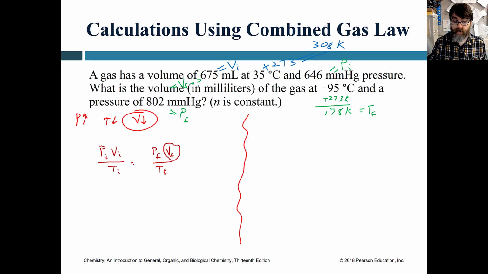So on this one, I'm just going to do the rearrangement with the letters. So we cross multiply and divide, and you end up with pressure initial times volume initial times temperature final is equal to volume final times pressure final times temperature initial. And then I'm going to divide both sides by pressure final times temperature initial.